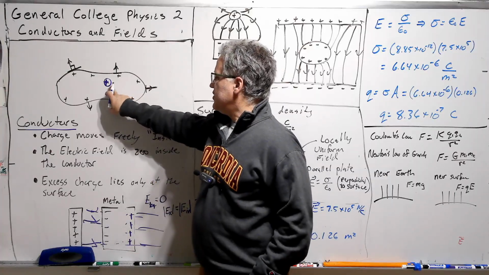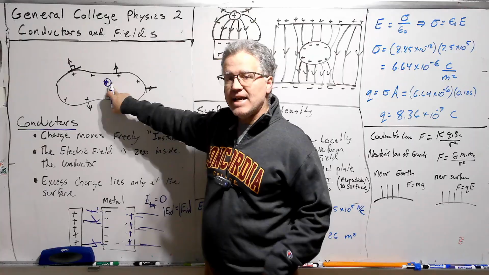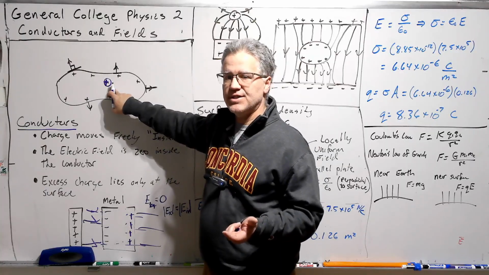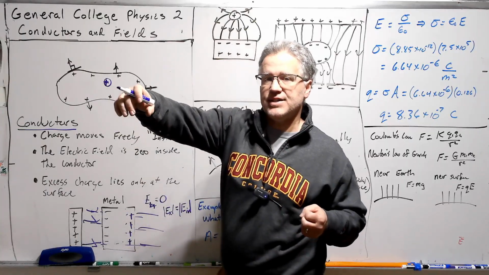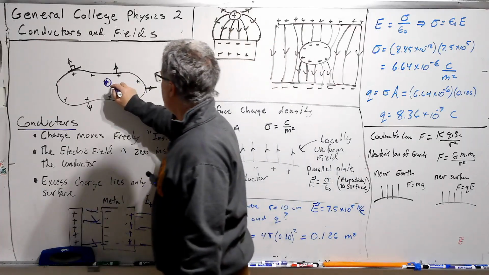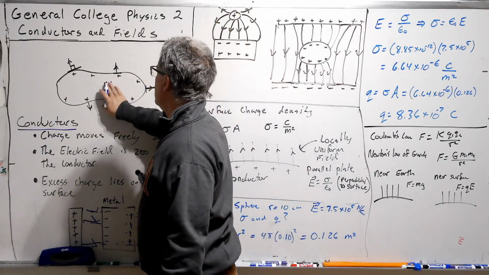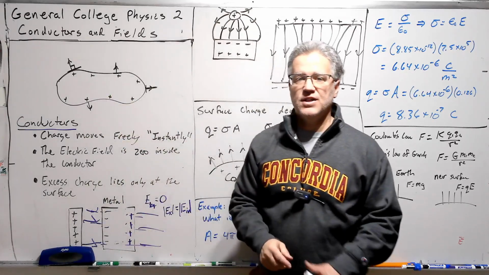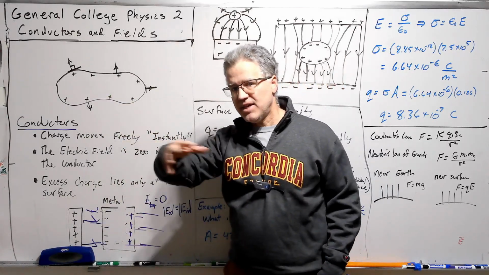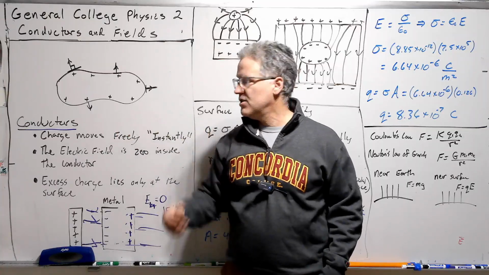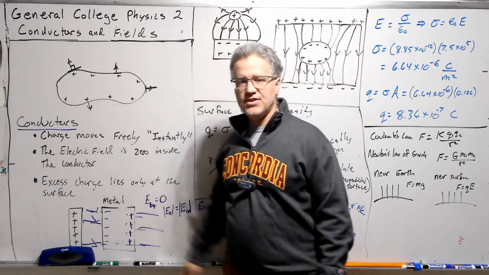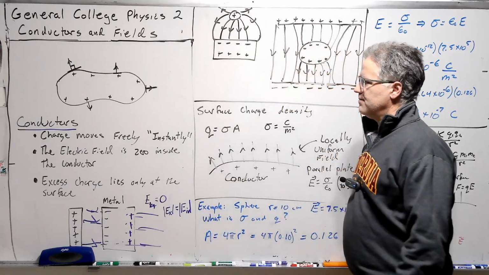To minimize that repulsive force, it's going to want to move away until it can't move any further, which will push it out as far as it can go, which will be to the surface. So any excess charge cannot be held in the internal soup of charges inside this metal.